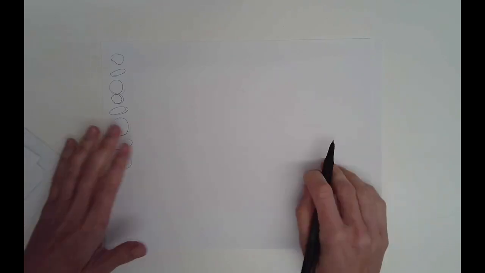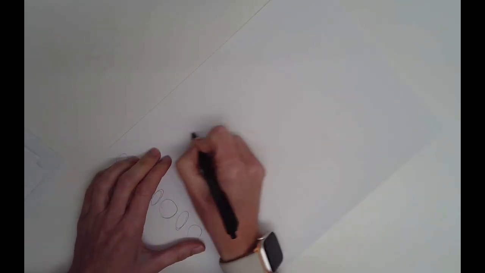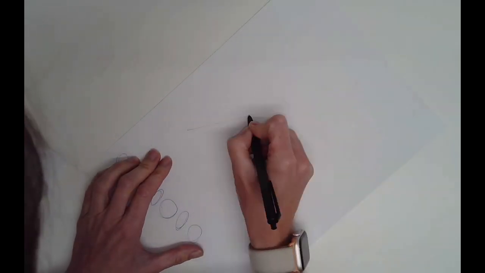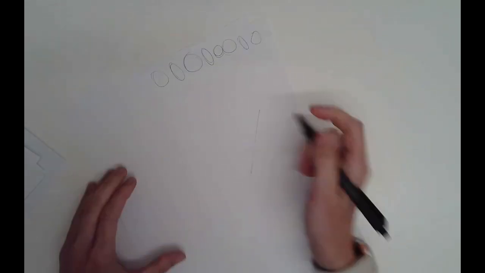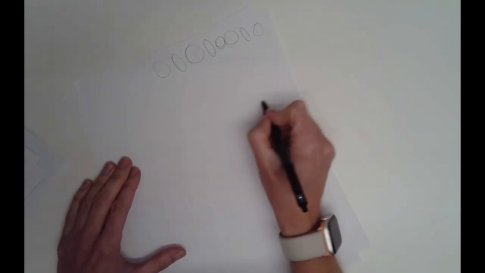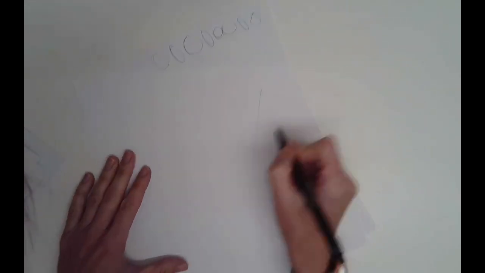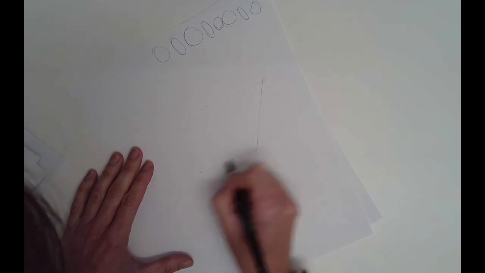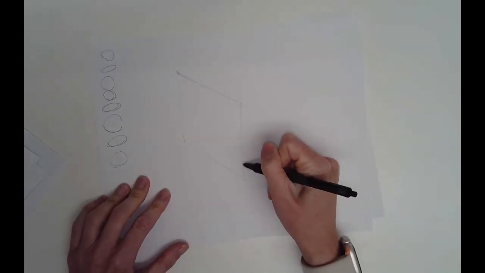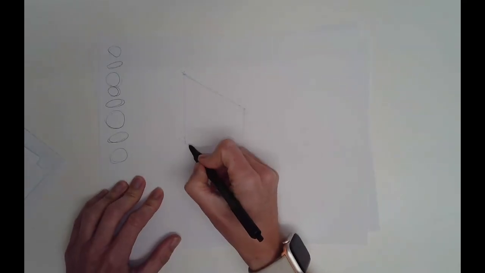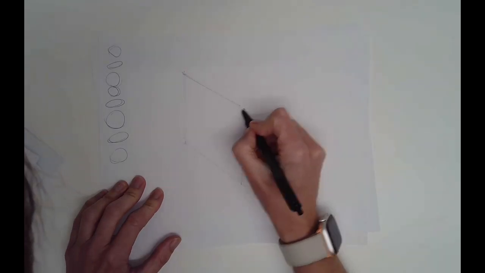So if you wanted to sketch it all out, what we would do is draw one plane in perspective. So we have this plane in perspective.